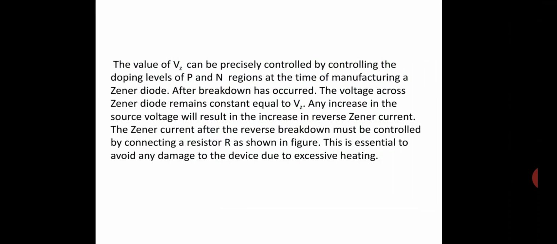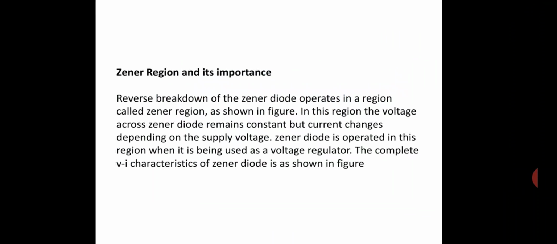Any increase in the source voltage will result in an increase in the Zener current. The Zener current after the breakdown must be controlled by connecting a resistor R. This is essential to avoid any damage to the device due to excessive heating.